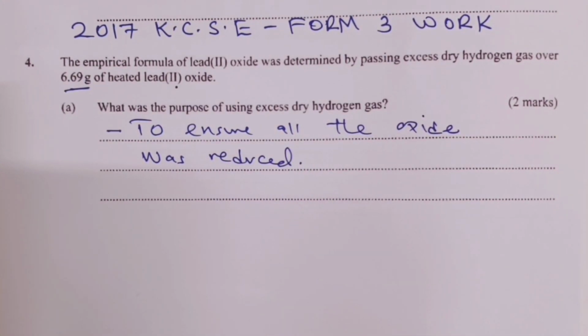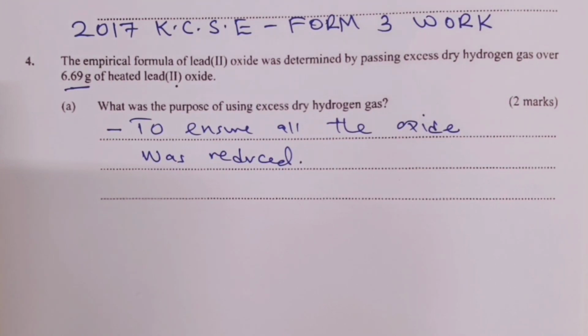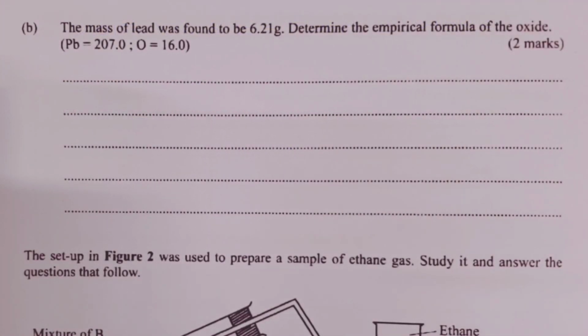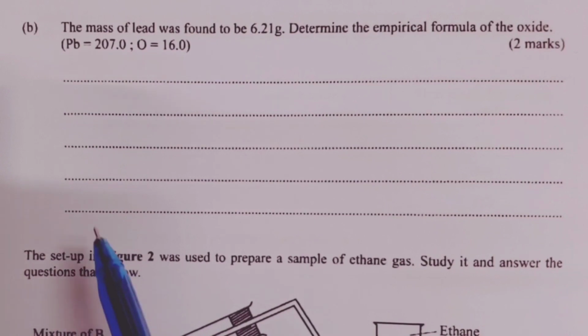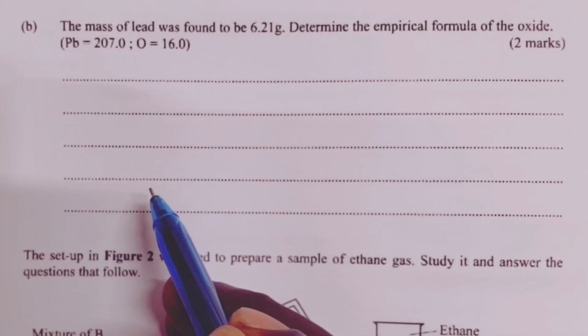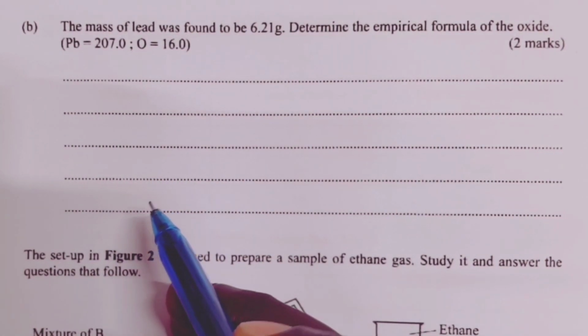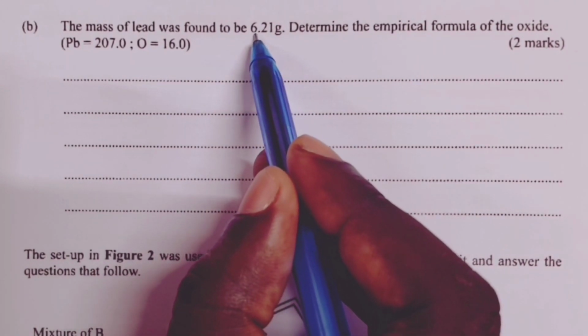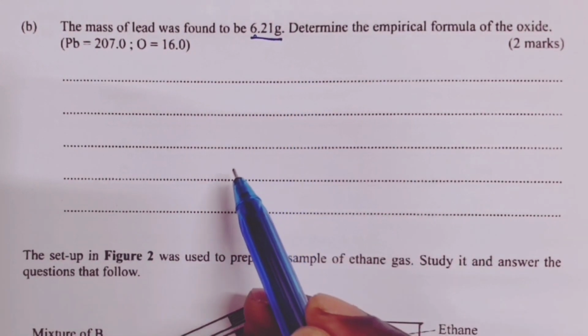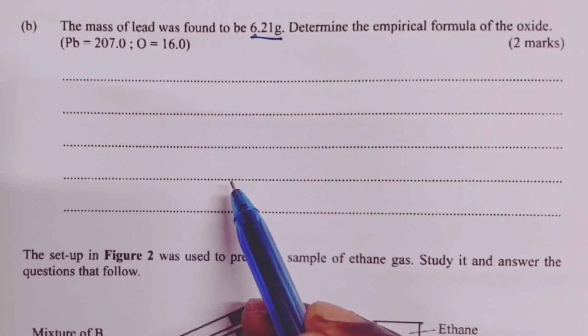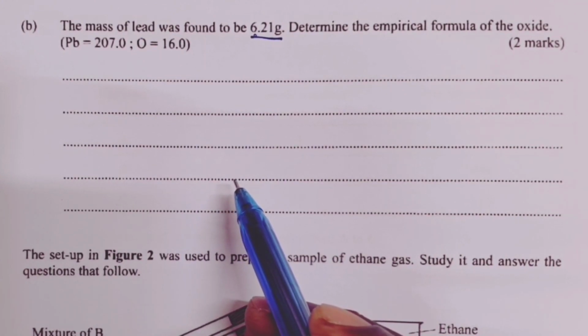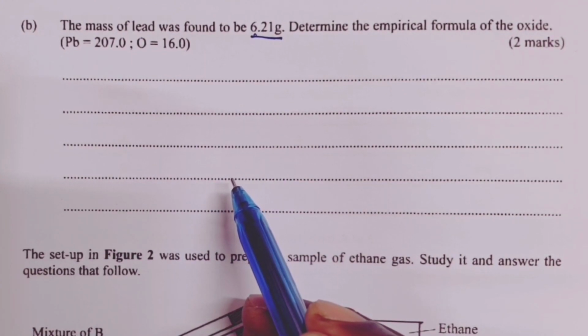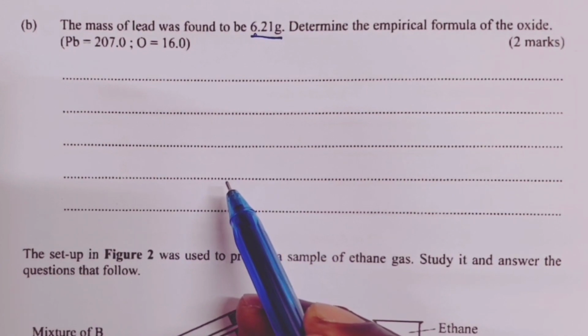We proceed now to part B of question number 4. In part B, we are told that the mass of lead after the reduction of the oxide was found to be 6.21 grams. We were therefore asked to determine the empirical formula of the oxide.